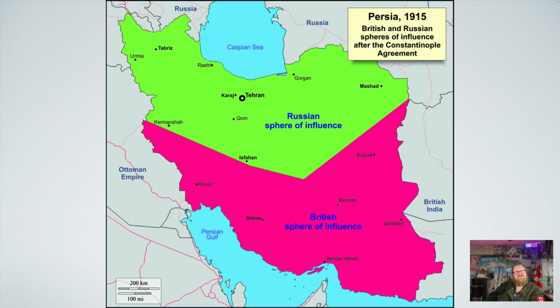Also, a few years prior to this, the British will actually create the nation of Afghanistan. Afghanistan is not a historical, oh, this has always been here, nation. It was a nation created by the British to stop the Russians from being able to get to British India.